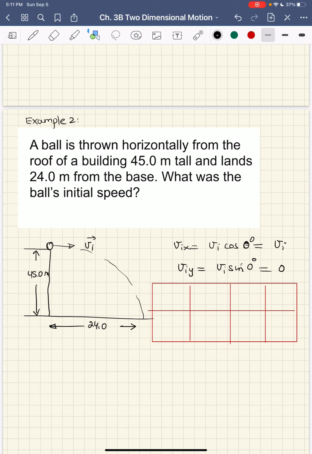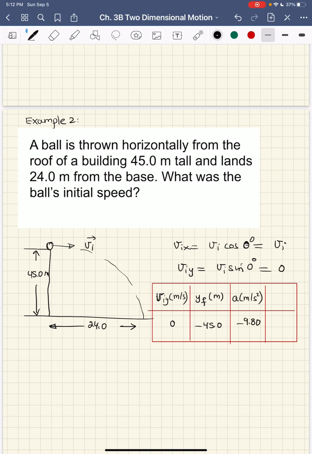I will say here what I have. VIY is 0. Y final is negative, because remember the ball is moving downward. Acceleration is negative 9.8 meters per second squared.